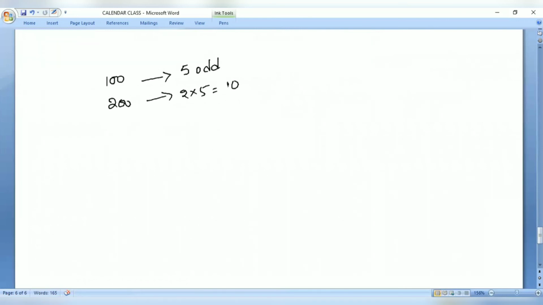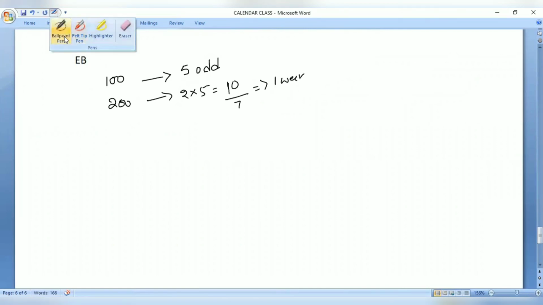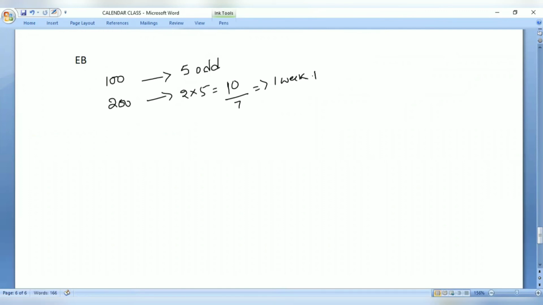This 10 odd days can be converted into 1 week plus 3 odd days. Then for every 300 years, there will be 3 into 5, that is 15.